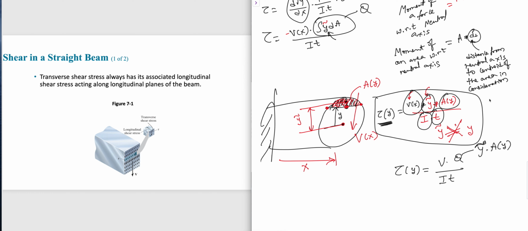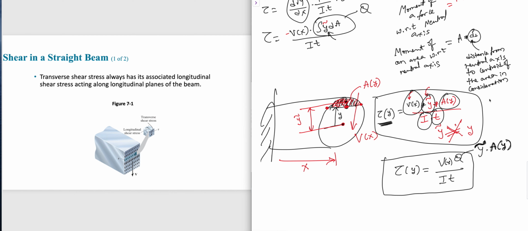If you understand this point thoroughly, problems are a piece of cake. Otherwise, you'll face a hard time understanding these problems. So ensure you understand this concept. Rewatch the video until you understand that this is V of x, and Q is y tilde times A, where A is the area above the point of consideration.